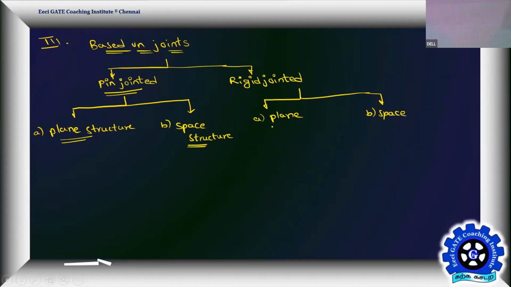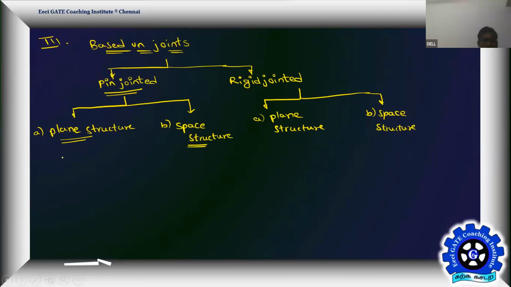Exactly. Now, can all of you draw your figures for this? Can you draw a rigid jointed plane structure, or a figure for a rigid jointed space structure? Just try. Nothing wrong in it. If you try something, you learn.